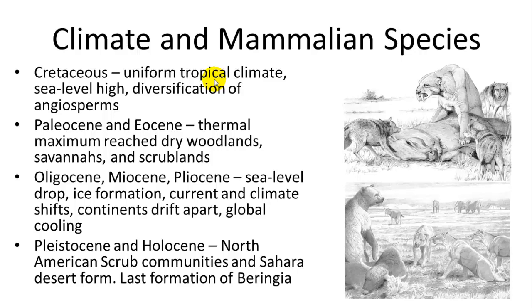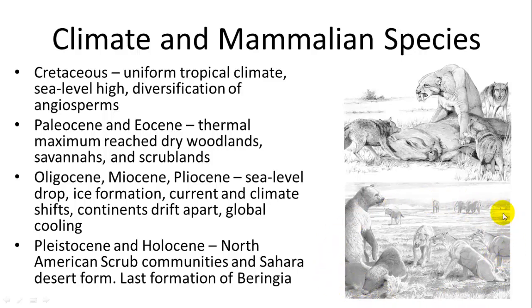In the Oligocene, Miocene, and Pliocene, the sea level dropped because you had a cold period where you had significant glaciation. The continents also continued to drift apart, and global cooling then shaped a lot of the species that were there. So here you have a representation of a Beringian.